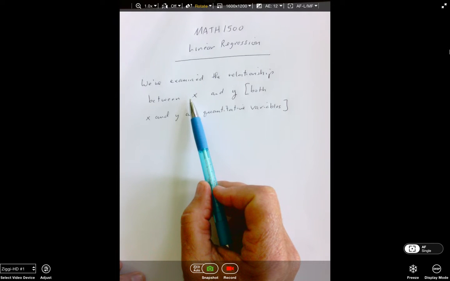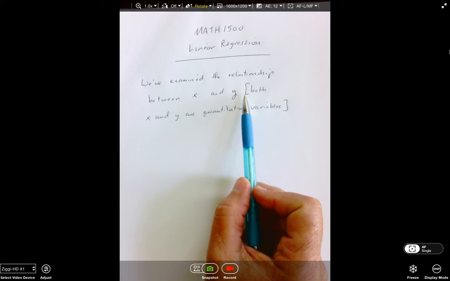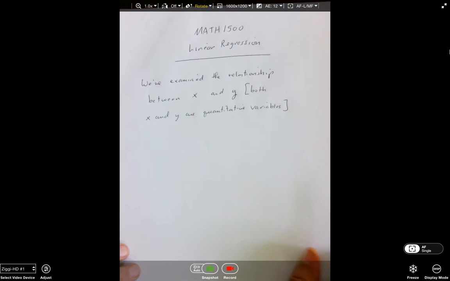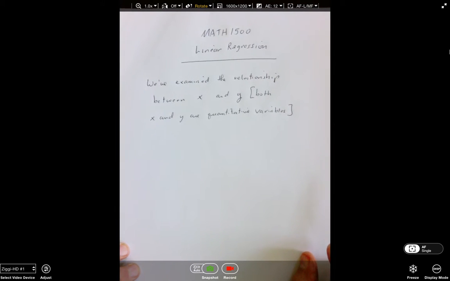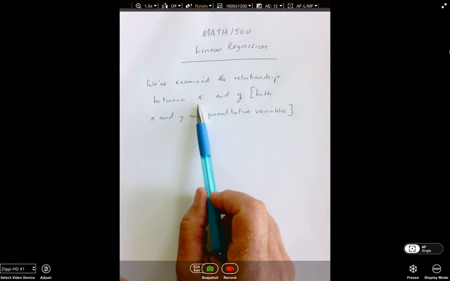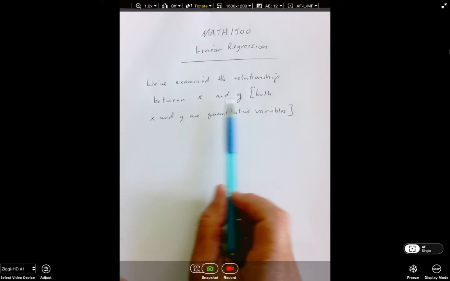So if you're looking at the relationship between gender and ACT, there is a statistical procedure out there, but this is not it. This is a statistical procedure technique that we use to examine the relationship between two quantitative variables.